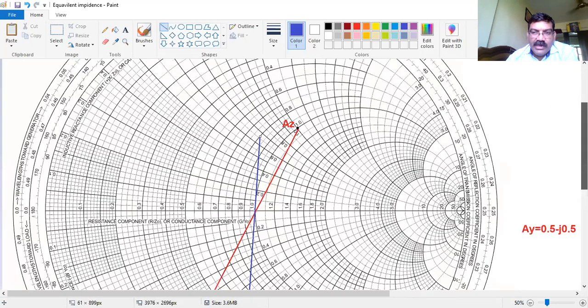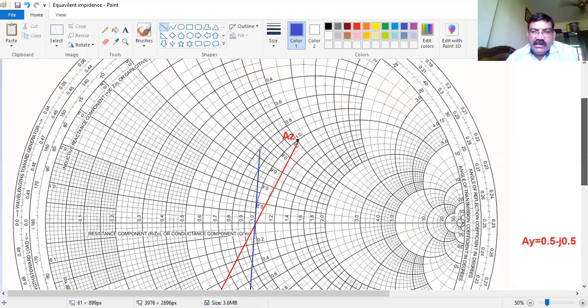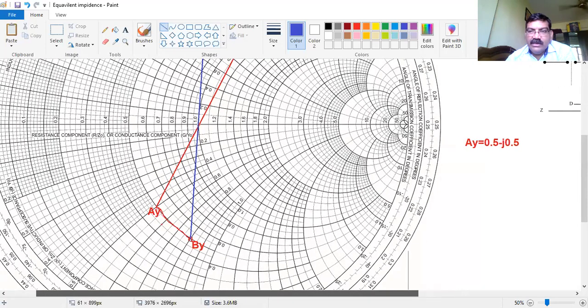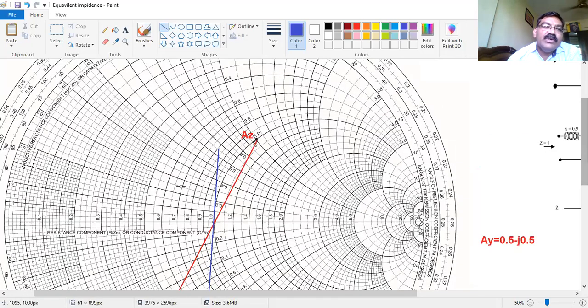I'll first write the value of by. One minute, I'll plot it and complete it. Locating the by, the next, I should get 0.55 here and 1.